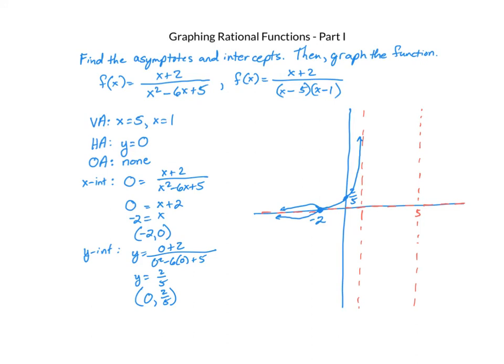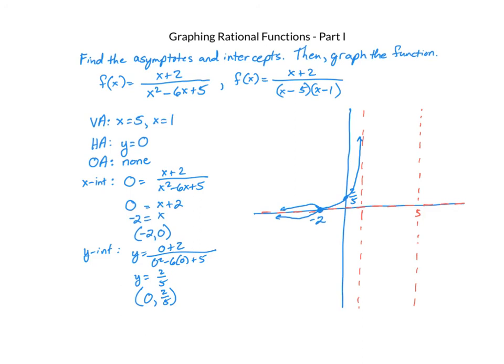So which one is it? And there are a couple of ways to tell. You can essentially interval test, substitute in a number to the left of -2 and see if it's positive or negative. Or we can use the fact that the exponent on this x plus 2 is to the first power.